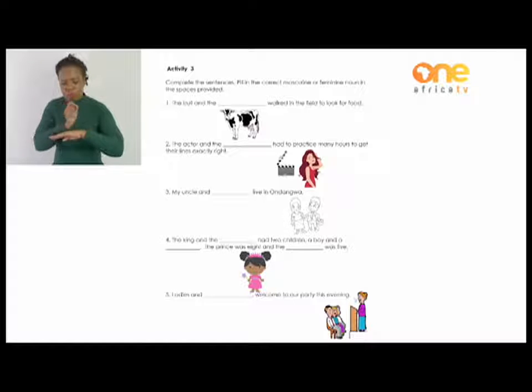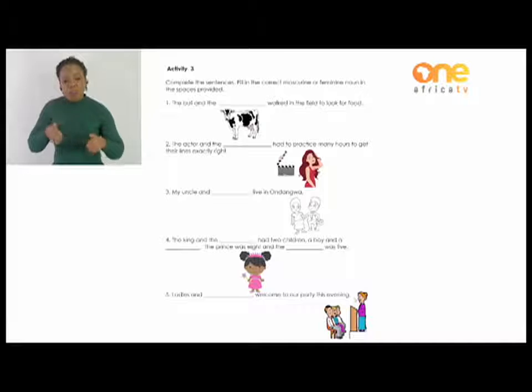Number 1 as an example, the bull and the dash. If I were you, I was going to say, the bull and the cow walked in the field to look for food. Do number 2, 3, 4, 5 for me. I know you are very clever boys and girls.